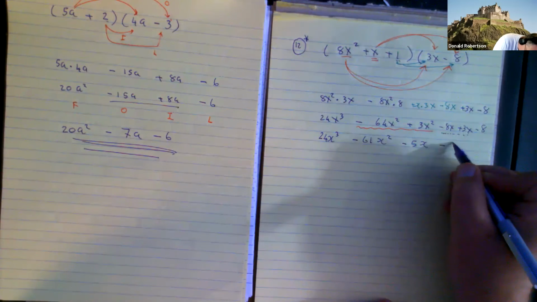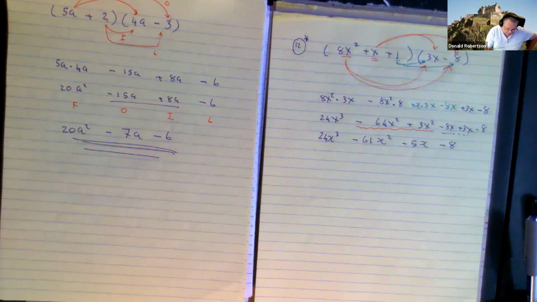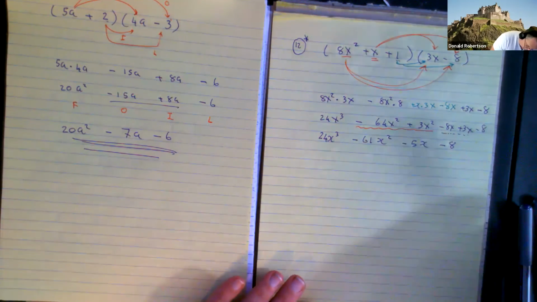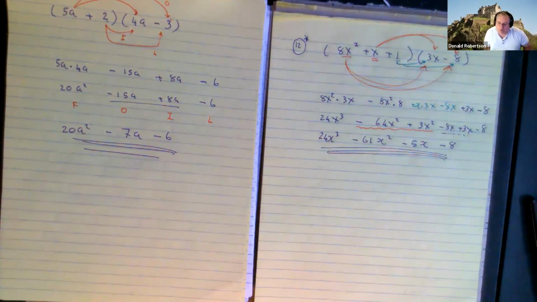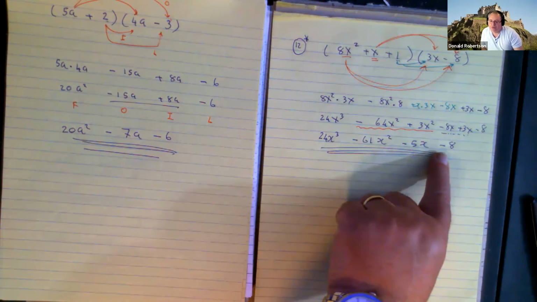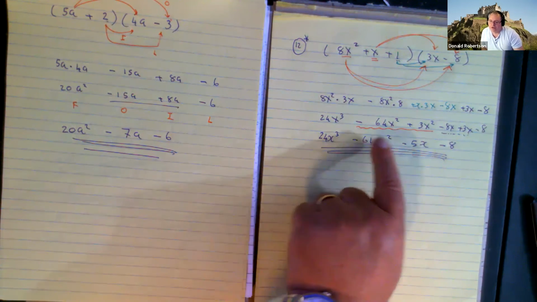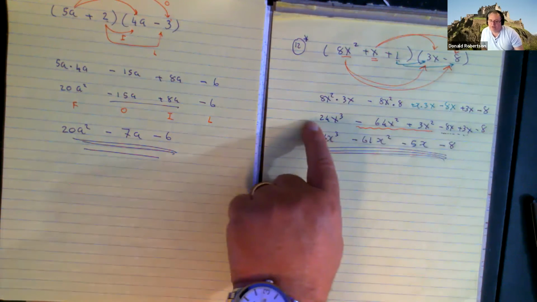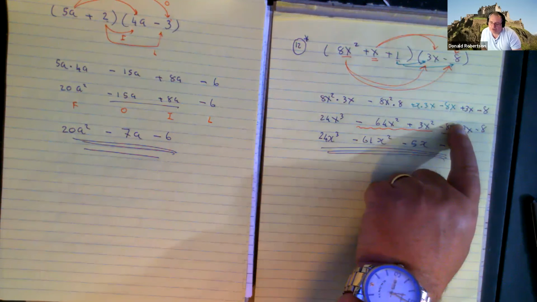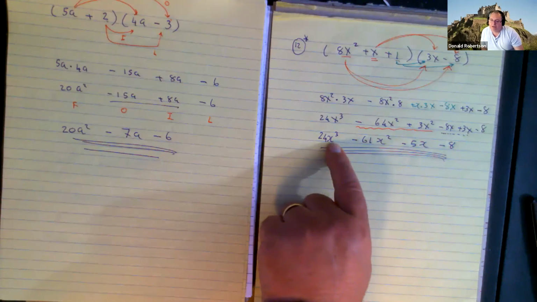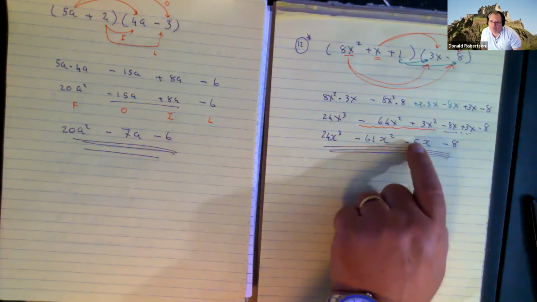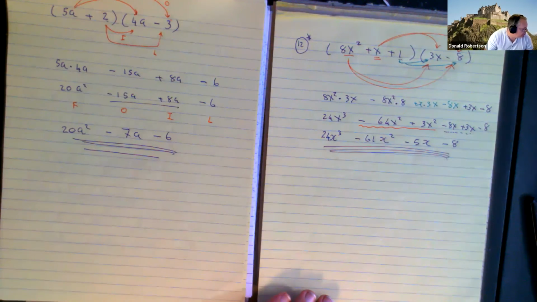And lastly, you've got the number negative 8, and there was nothing to combine it with. So this is us finished. And you are not finished until you've combined like terms. So if you wrote this line here down, WebAssign would say you're not correct because you haven't finished the process. Once you've combined all like terms, as I've done here, then you are finished.